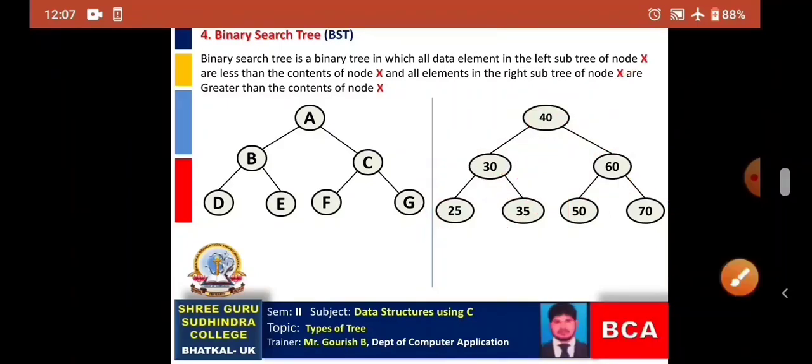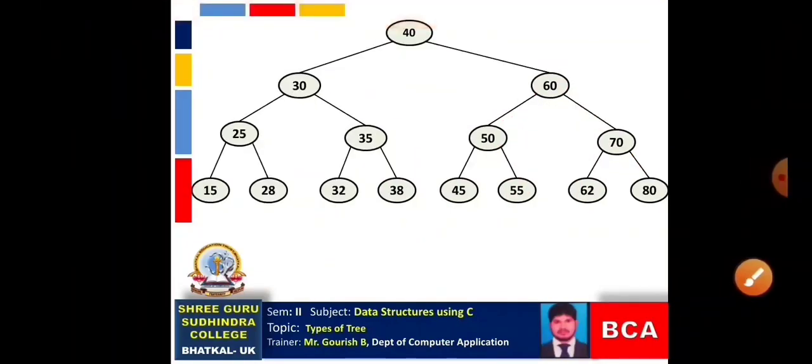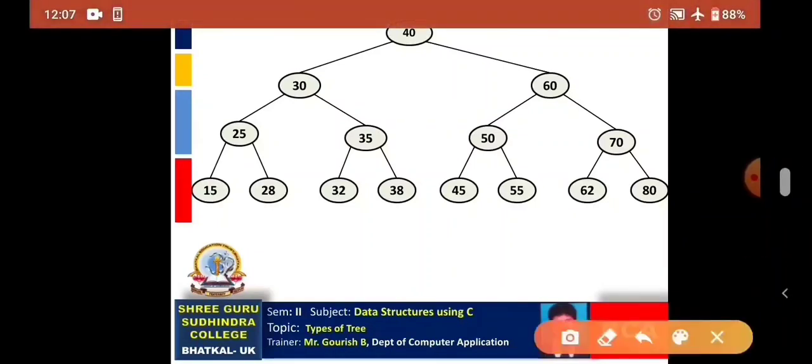For example, see, we can extend this. See here, again, if you consider node 25 here, the left side should be less, so 15, okay. And the right side should be greater than 25, okay, 28. But this 28 should not be greater than 30. Right?